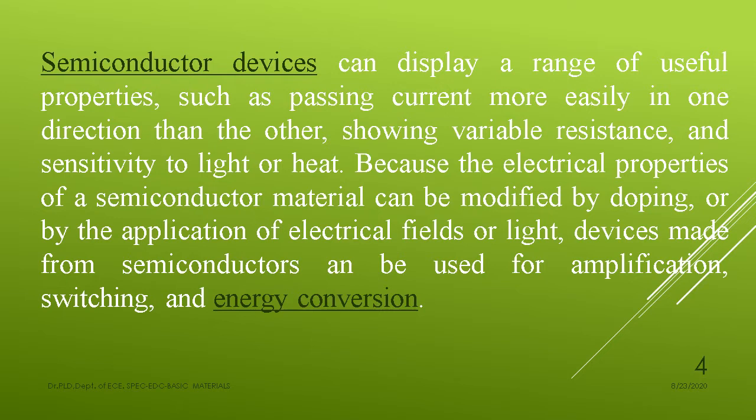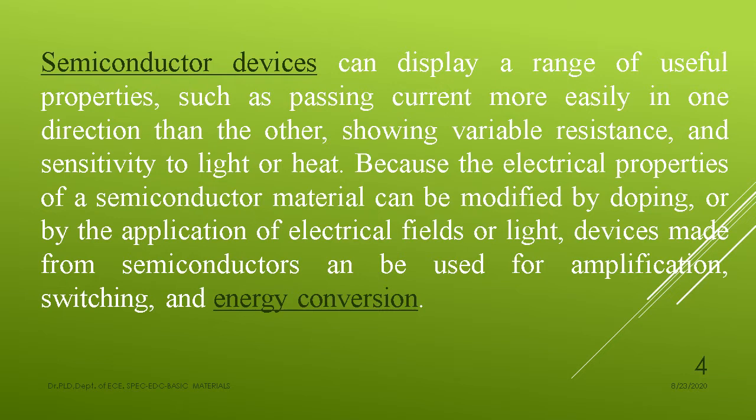Devices made from semiconductors can be used for amplification, switching, and energy conversion purposes. These are all applications of the semiconductor materials. Devices such as diodes, transistors, and op-amps are all made with these semiconductor materials.